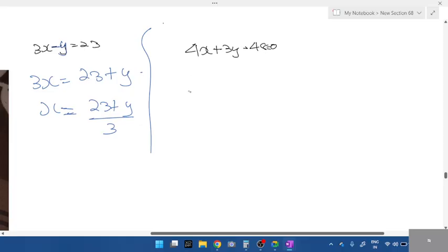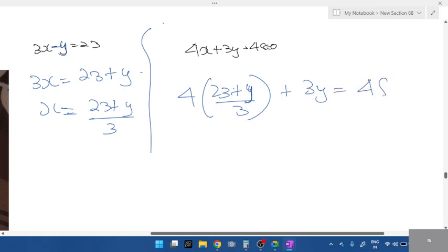If you are substituting this part, 4 into 23 plus y divided by 3, not complicated, we need to take the LCM. Is this clear? Plus 3y is equal to 48. Check whether you can reduce 4 and 3. Is it possible?